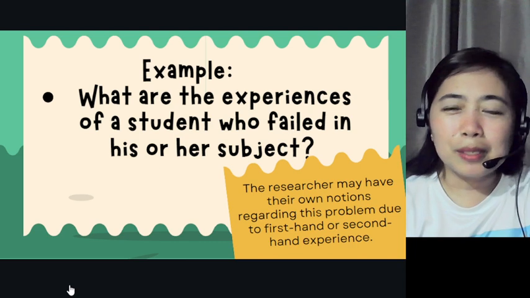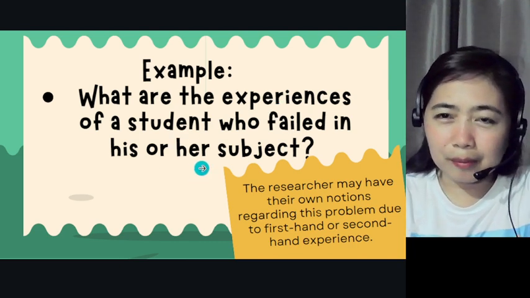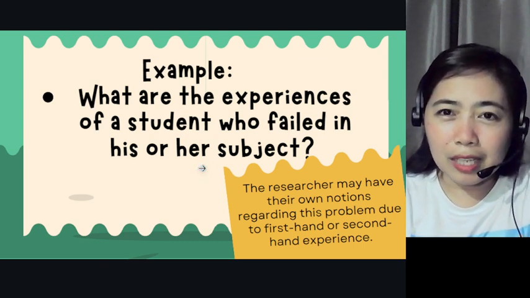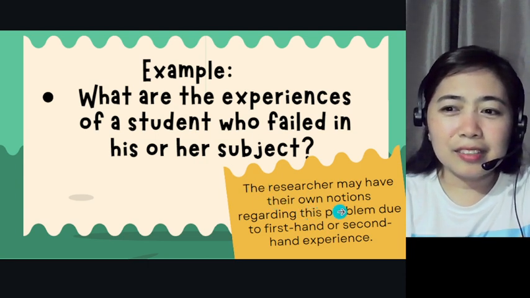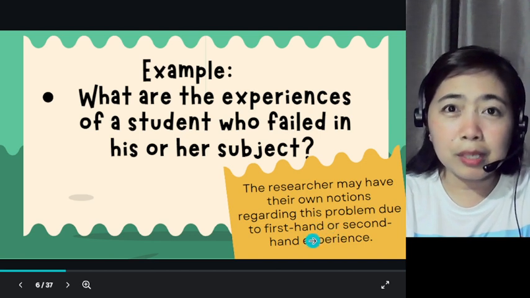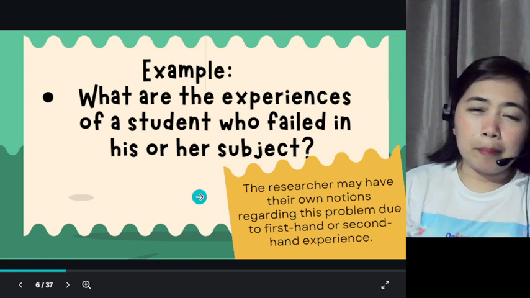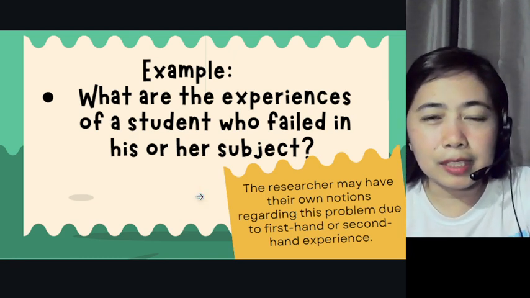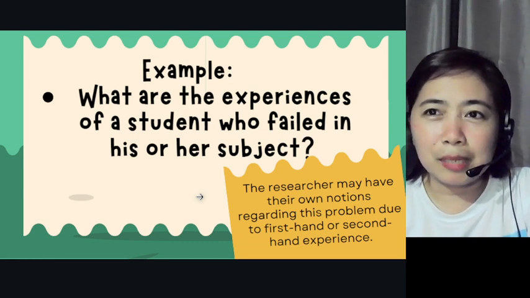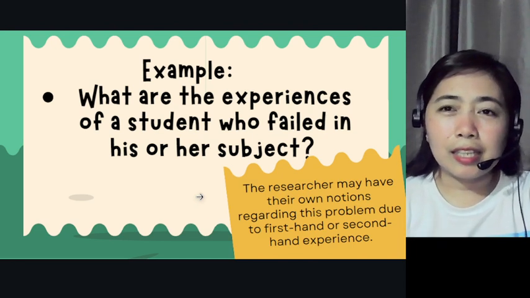Okay, so for example, what are the experiences of a student who failed in his or her subject? Tungod kay estudyante sad ka, ya nakasaway sad ka nga nahagbong ka. Okay. So here, the researcher may have their own notions. Okay, you have your own opinions regarding this problem due to first-hand or second-hand experience. So dili nimo i-appeal ang imuhang experience diri kay dili man ka part sa participant sa imong kaugalingong gi-conduct na study no. So appeal po na siya again sa ethical considerations.